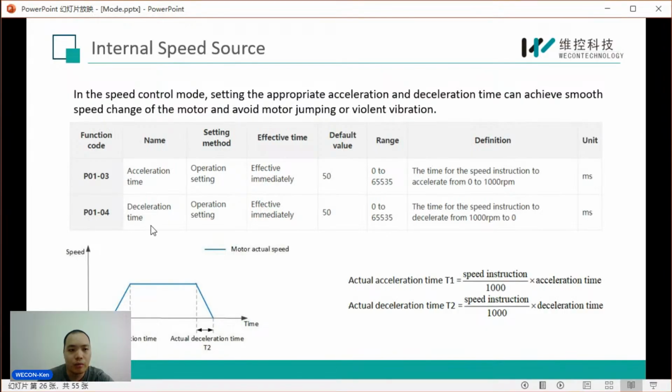And P1 and 4, the deceleration time, is the same. So you can see these two formulas to calculate the actual acceleration time: the speed instruction divided by 1000, multiplied by the acceleration time, plus this parameter.